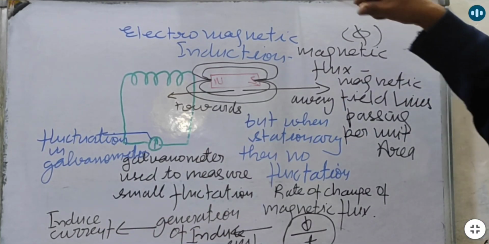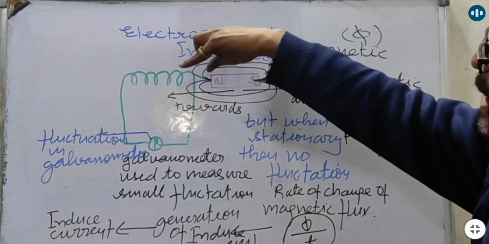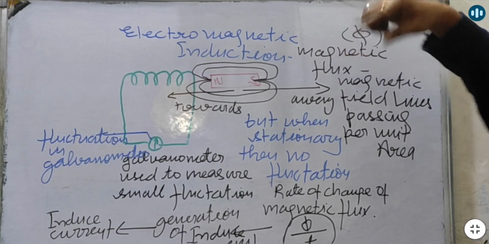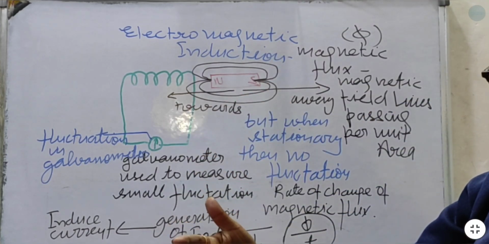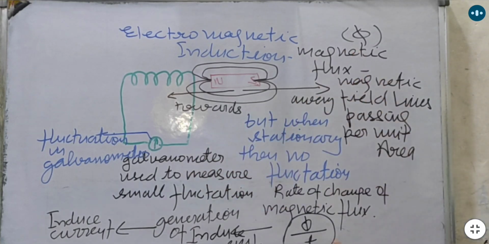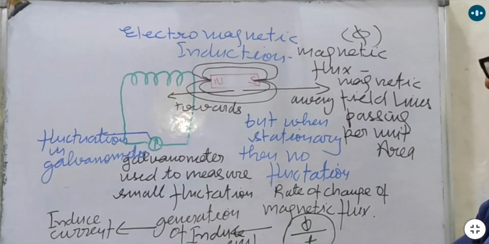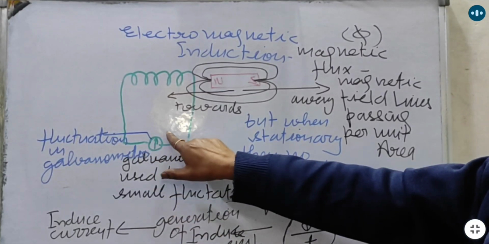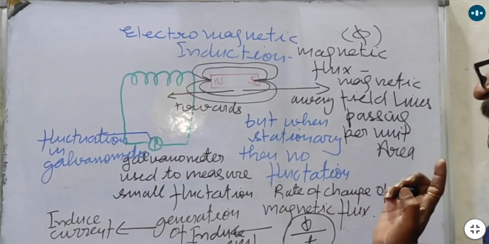So either we are moving this magnet towards the coil or away from the coil, there is change in magnetic field lines, which leads to this rate of change of magnetic flux, and that causes induced EMF, and therefore there is fluctuation in the galvanometer. So this is the concept.